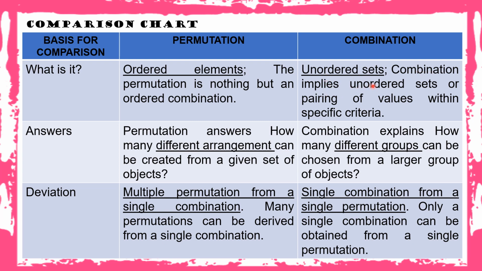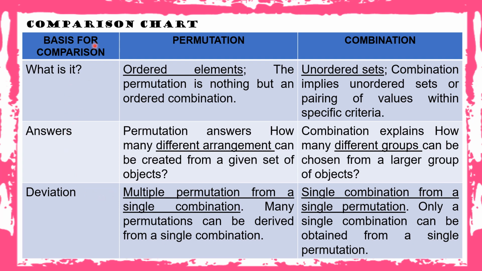Combination implies unordered sets or pairing of values within specific criteria. We have here answers. For permutation, it answers how many different arrangements can be created from a given set of objects. While in combination, it explains how many different groups can be chosen from a larger group of objects.